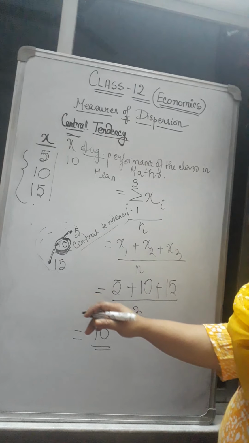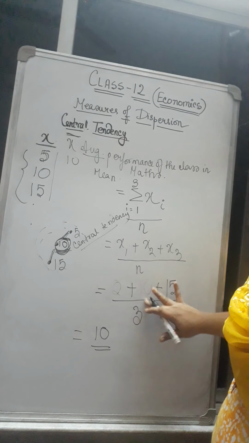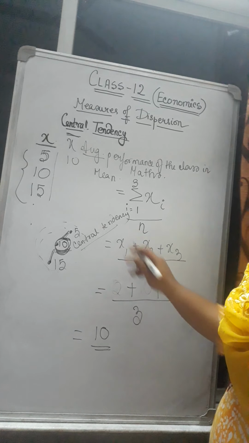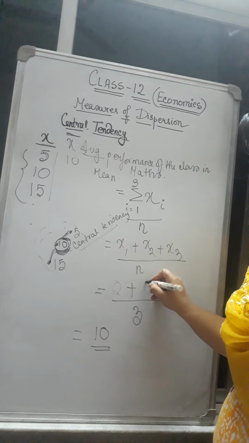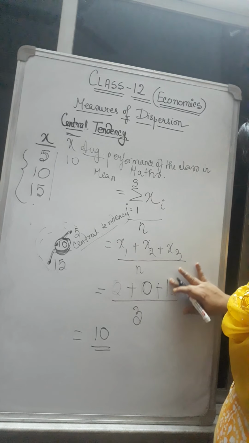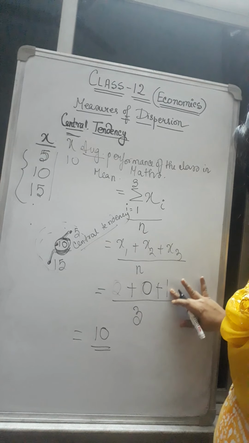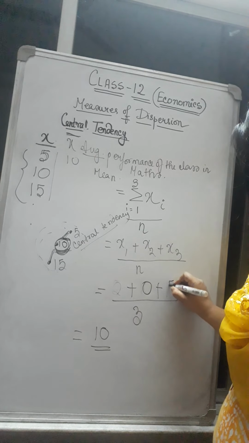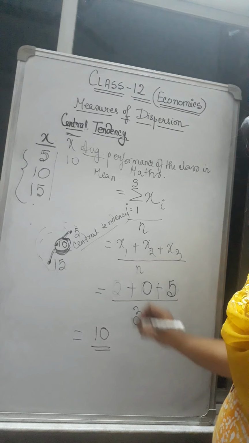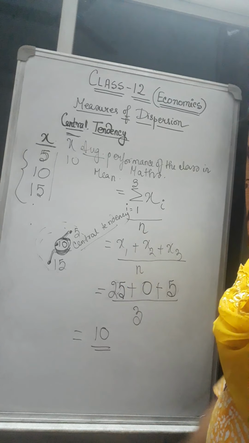Suppose I change the figures over here. Suppose these 3 students, one has scored 0, that means nothing in the paper. One has scored 10, one has scored 5, and one has scored 25.